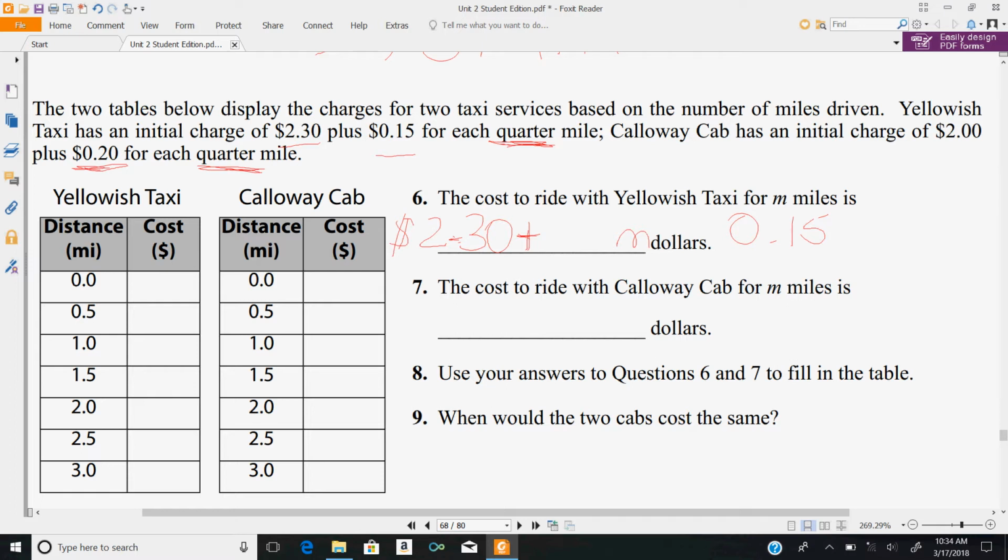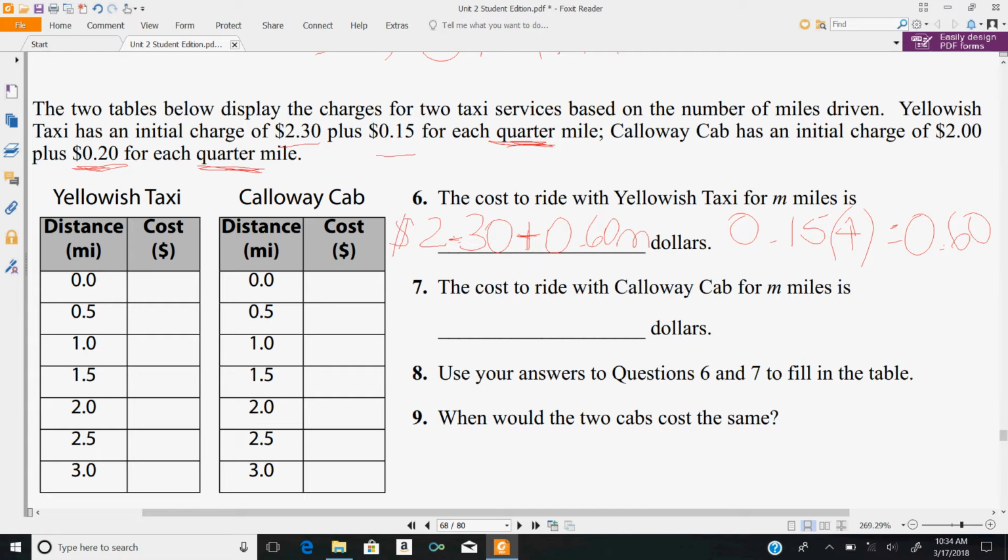For each quarter mile, I add 4. So for 1 mile, I'm actually going to add 0.60 or 60 cents. So that tells me the formula. I take my miles, I multiply it by 0.6, and then I add it to 2.3.